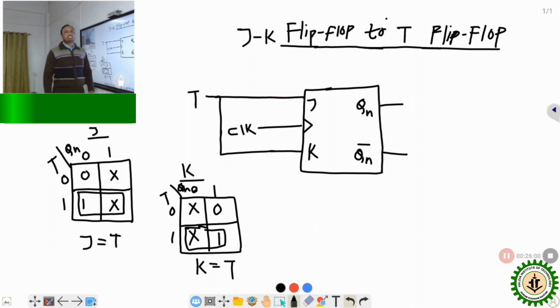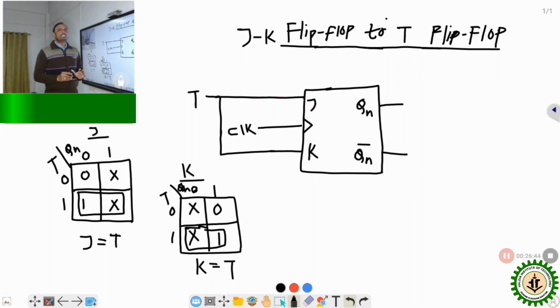So what exactly is the procedure for conversion? Whenever we have to convert one flip-flop from another flip-flop, the flip-flop which we have to convert to, we have to write its characteristics table, and for the flip-flop from which we are converting, we have to write its excitation input. Then we simplify that excitation input value with the help of the input and the present output, and after simplification easily we can convert it from another flip-flop.